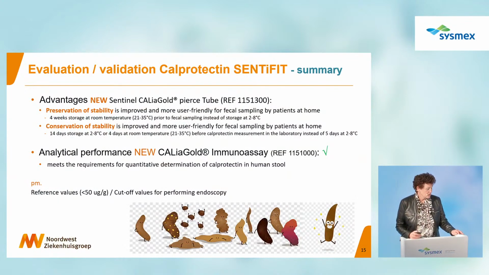Also, after sampling, the conservation of the stability is improved in the new version of the tubes, and we can keep the tubes for 14 days in storage or 4 days at room temperature before measurements in the laboratory. So, as a whole, the analytical performance of the new CALiaGold assay is quite good, and it meets the requirements of the quantitative determination of the calprotectin in human stool.